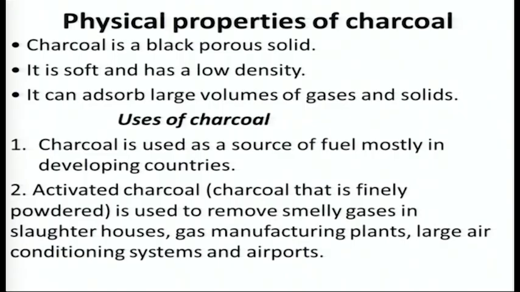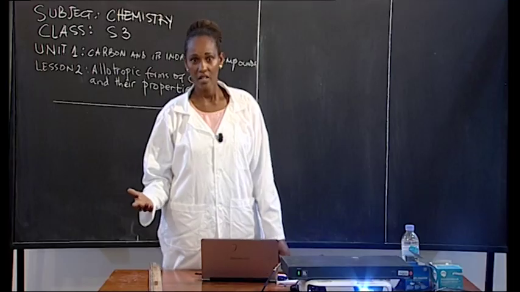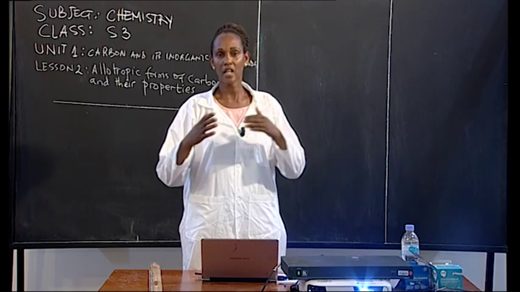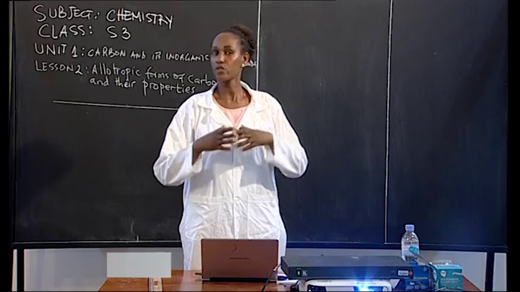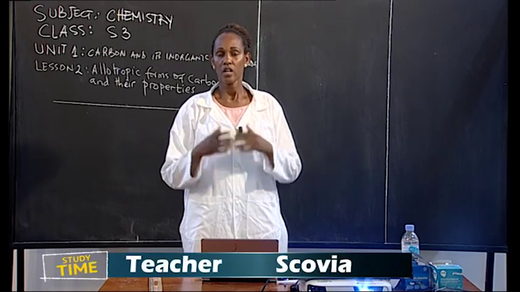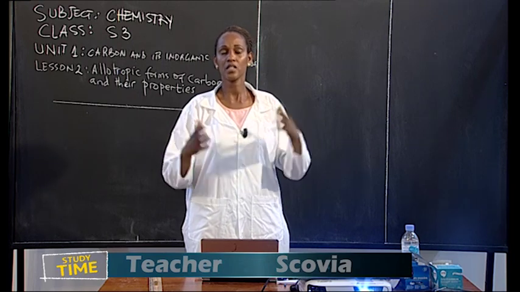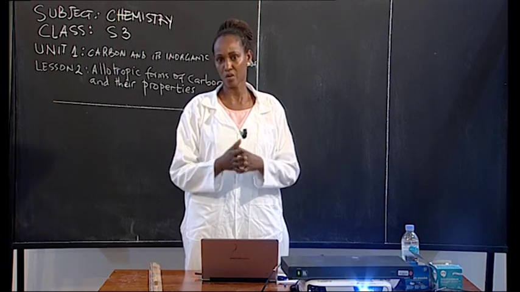So, the uses of charcoal. Charcoal is used as a source of fuel, mostly in developing countries like our country here. The country of Rwanda is trying to limit the number of people using charcoal.